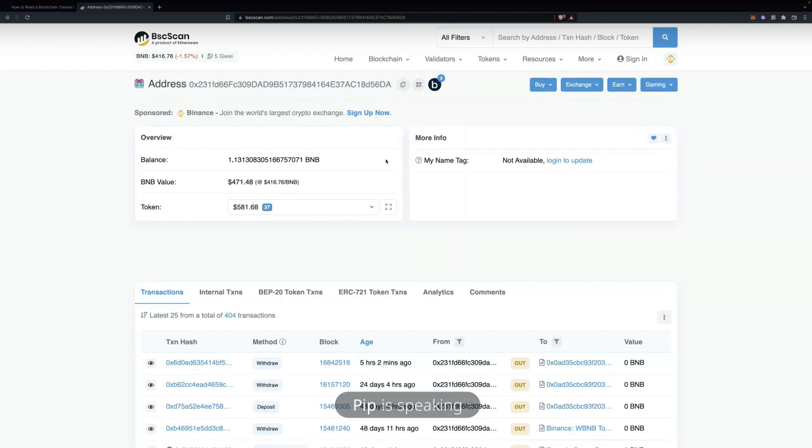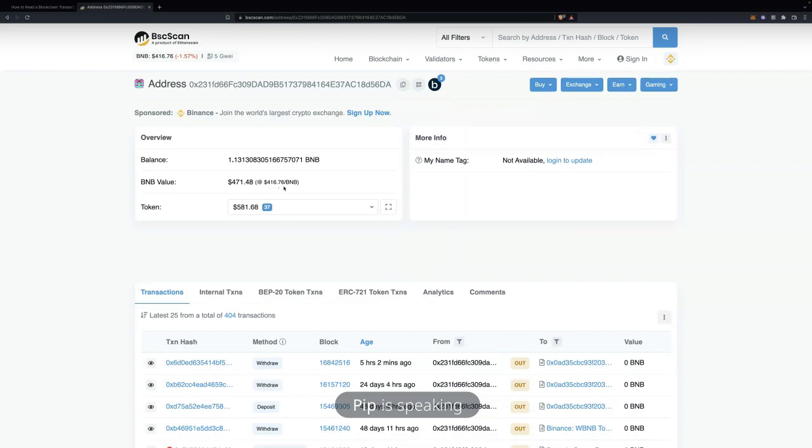The first block here is the overview, where you see the balance of BNB, because this is the BSCScan, Binance Smart Chain. If this was Etherscan, here you would see an overview with the balance in Ethereum. Then you can see the BNB value.